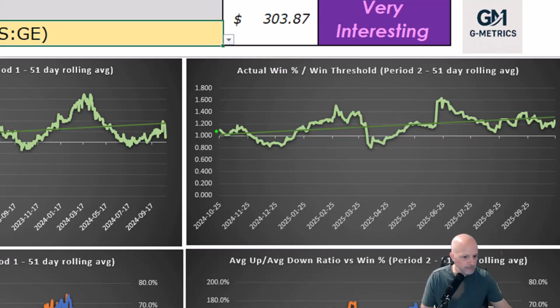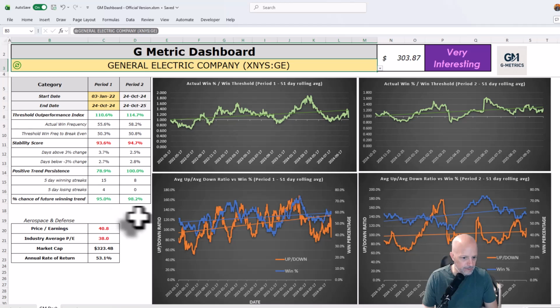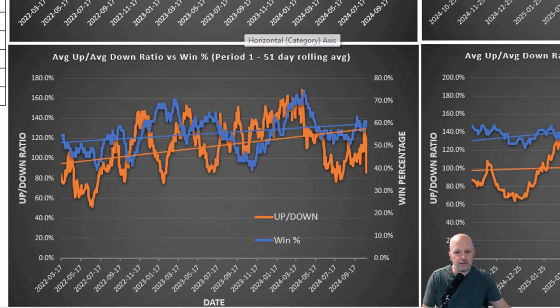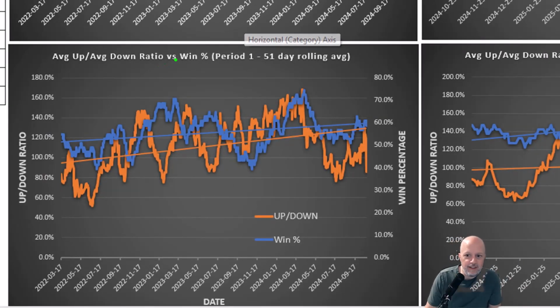All right, let's zoom out of here and go down to these other charts. I'm going to zoom in now here, Control 1. Let's go up and click in. On these two particular charts, I have two pieces of data that I plot. I have in orange, up over down. When you look over a 51-day rolling average, the average up divided by the average down, you can see how much bigger the ups are than the downs.